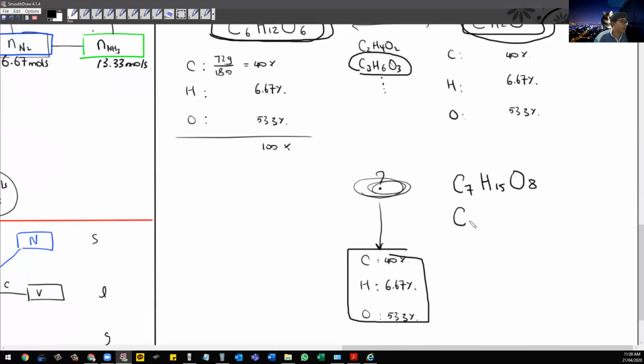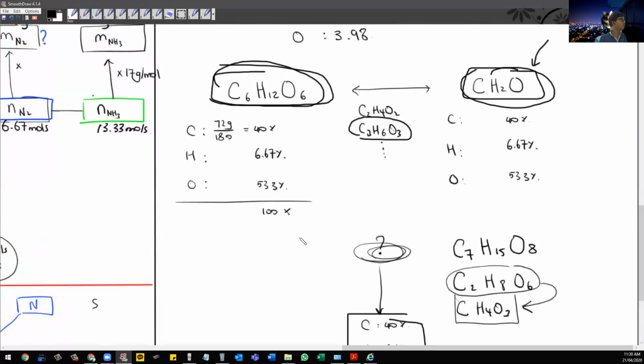But if you have C2H8O6, then you can reduce it down. You can divide everything by the same number. Divide by 2, and you get this, and this, and this one. So the empirical formula of that one is this one. Understand?